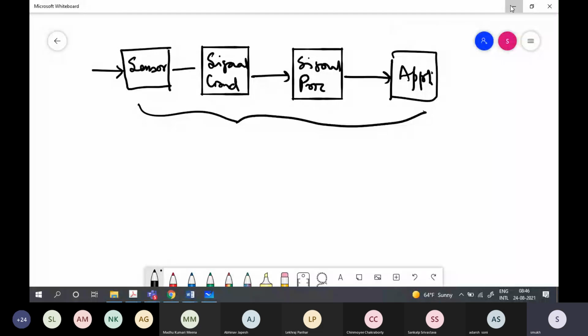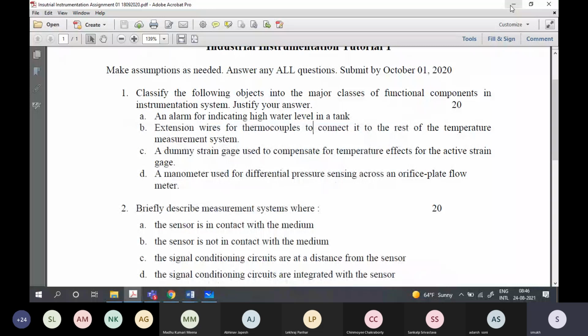So this question asks about the functional components in an instrumentation system, or rather classification. This question is about major classes of functional components in an instrumentation system. Justify an alarm for indicating high water level in a tank. So an alarm is which of these four boxes that I had drawn? No, what is the question?